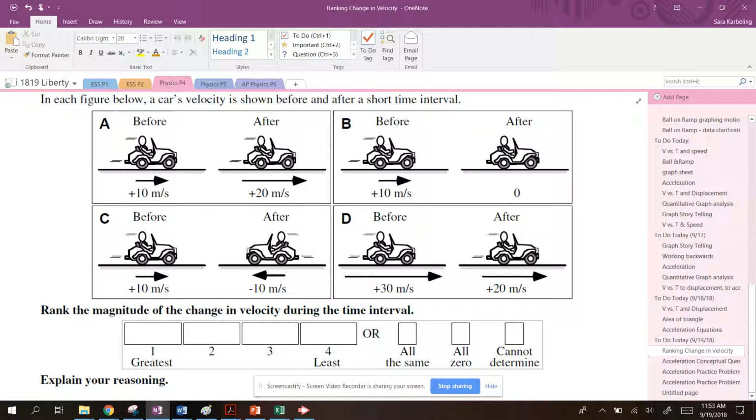Go ahead and talk to your table mates if you'd like. Have a conversation. See how we're doing.